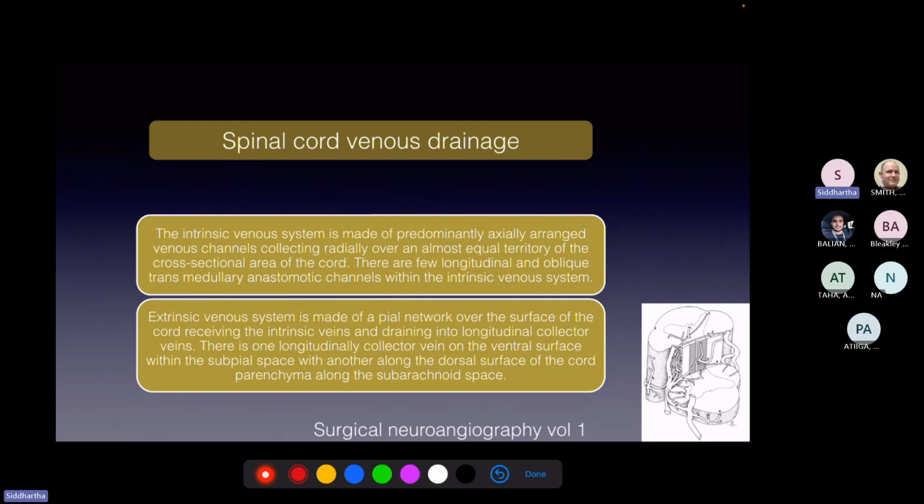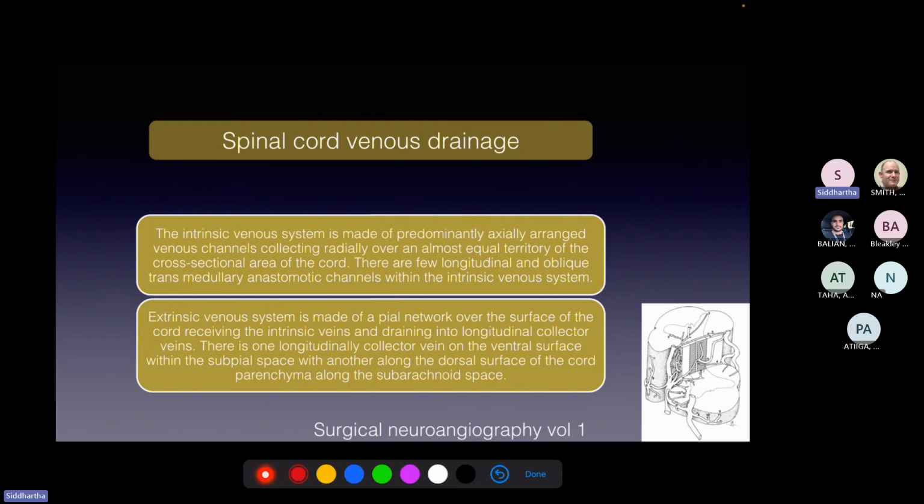This is a patient who was being investigated for cord signal change, and this is the angiogram we performed. We couldn't find any spinal AVM. So what you do in this situation, if there is a strong suspicion, is inject into the anterior spinal artery and wait towards the final pictures where you see the spinal veins.